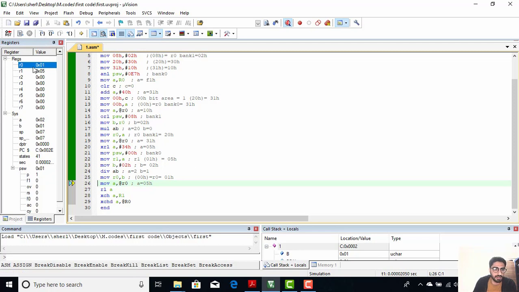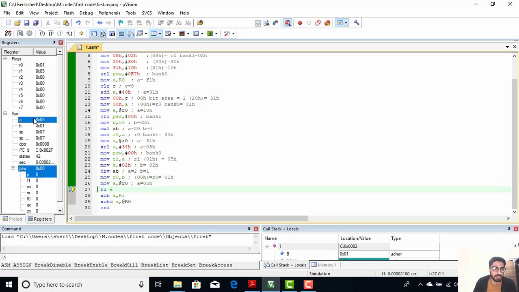Yes, R0 is 1, the same as our results. On the second line, A is going to be equal to 5. And now the parity is 0, sorry, since the accumulator has an even number of ones, and no changes in the program status word. We are still in bank 0.